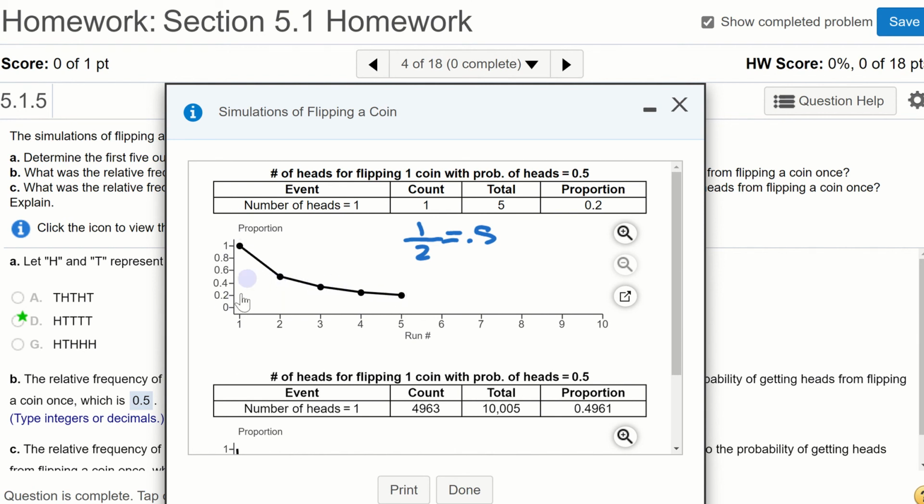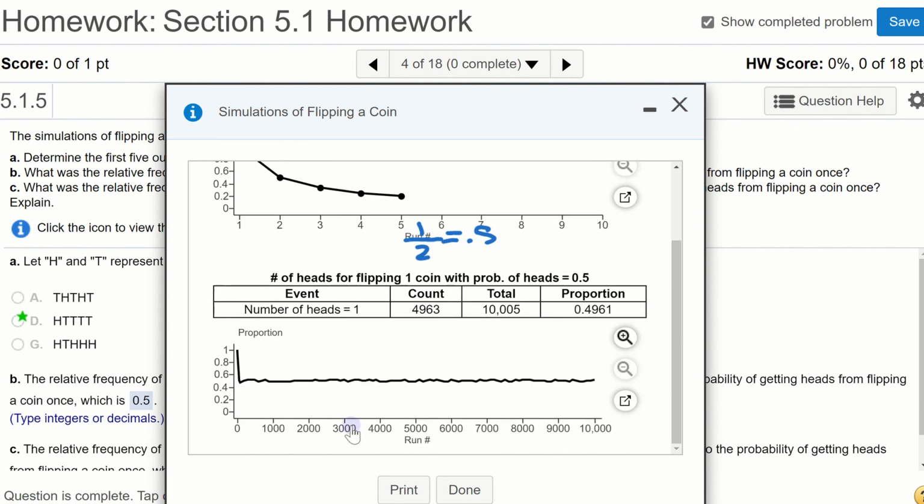You have to really try to understand this graph. It's not showing you the frequency, it's showing you the relative frequency, right? And the relative frequency can only go down consistently if each subsequent run is giving you the opposite of the outcome that you are interested in. So now look.